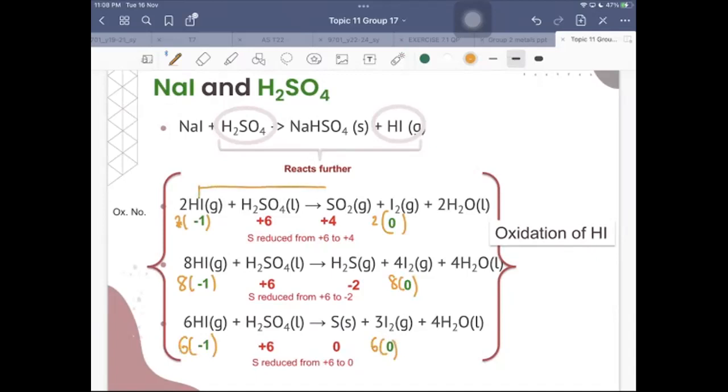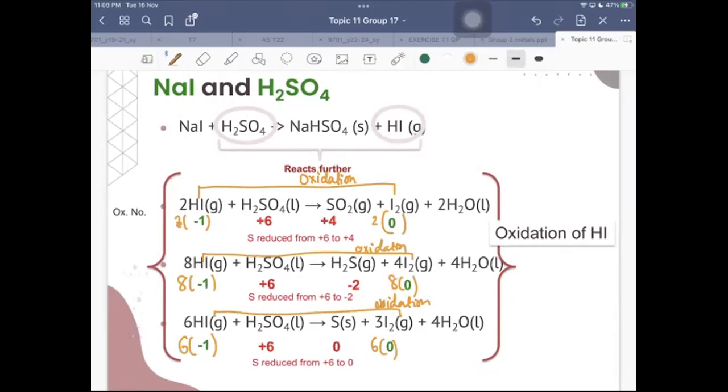Okay, so just label oxidation for each of these processes. I've already color coded them. Oxidation, and these 3 reactions are showing the oxidation of your hydrogen iodide, and also the reduction of sulfur.